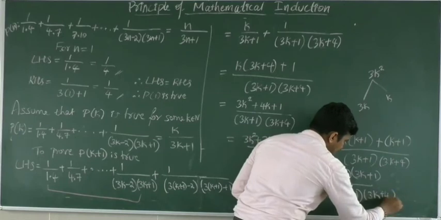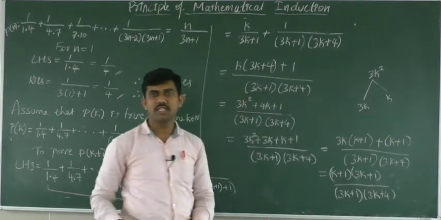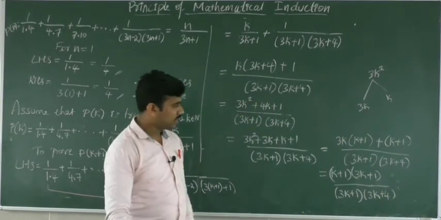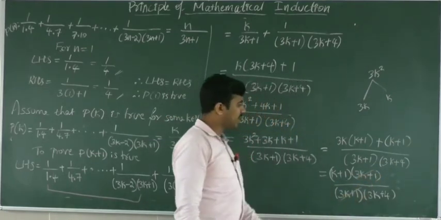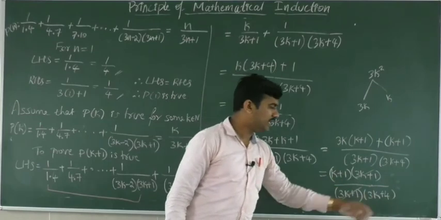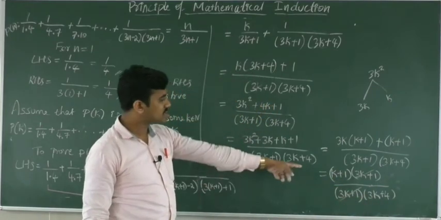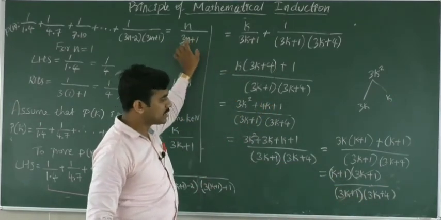Okay, so like this you got. Understood what I am doing? Now see, here 3k plus 1 and 3k plus 1 cancel, and what remains is k plus 1 divided by 3k plus 4. Now whether this is the RHS of your given statement.